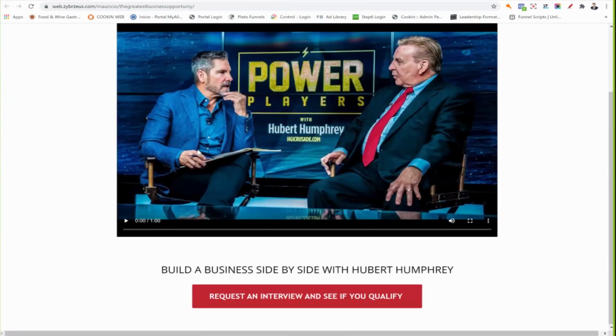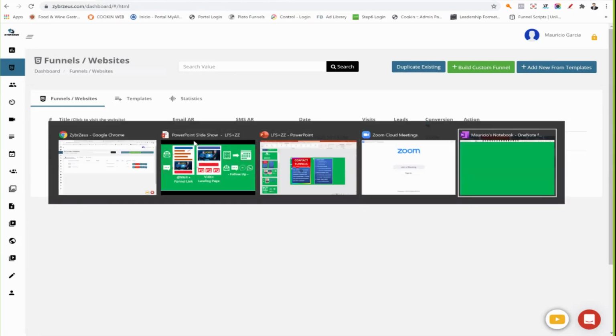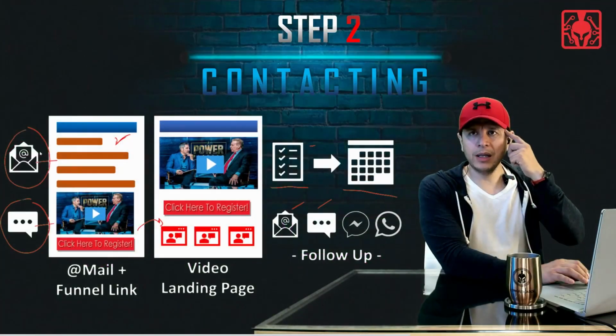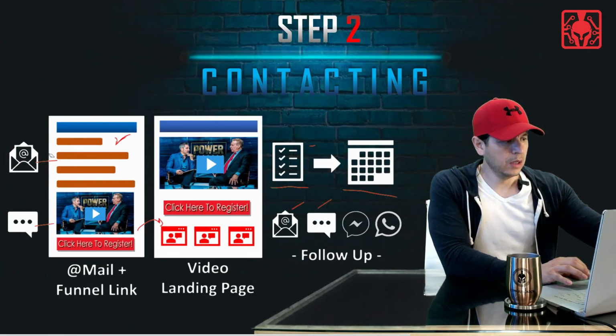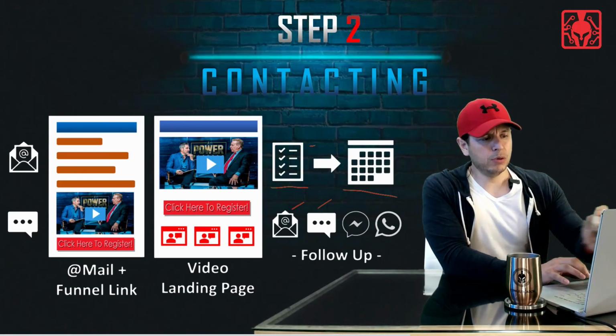It's a 3-page funnel, right? And we know that because I was sharing that with you inside of the PowerPoint right here. There's an email or a text message that goes out. The email or the text message will have the link that will take people to the video.